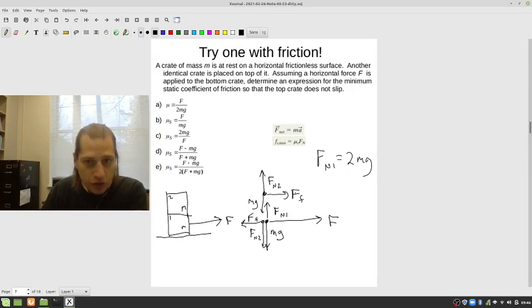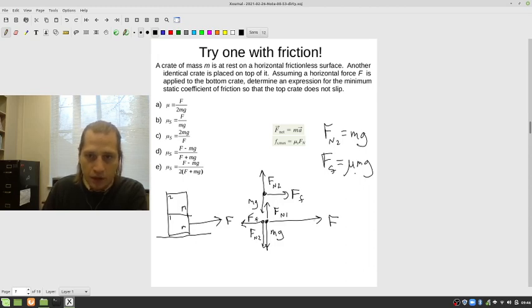I'm just going to erase this for space. What's relevant for producing this frictional force is the normal force on the second object. That's just going to be equal to mg because it's canceling the weight out. And so your force of friction in that case is going to be mu times mg. But I don't know what mu is. That's what I want to find out.